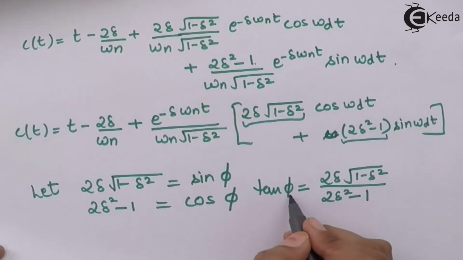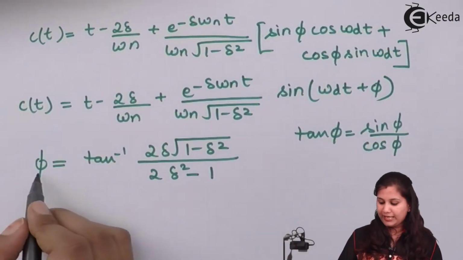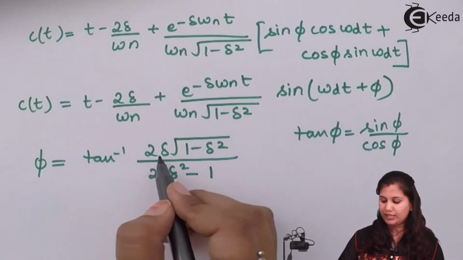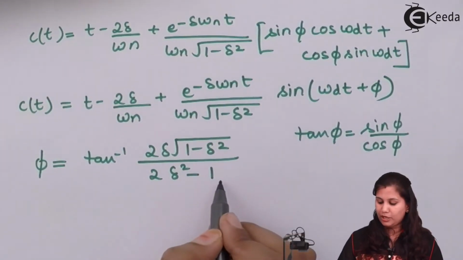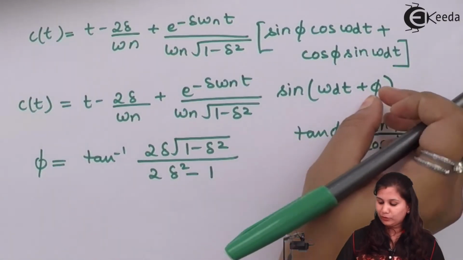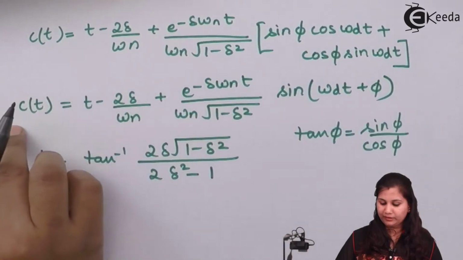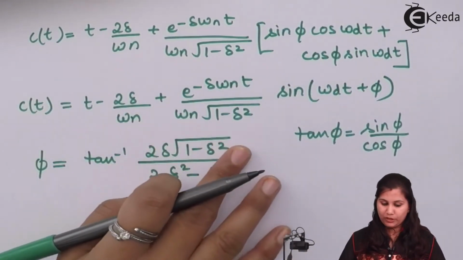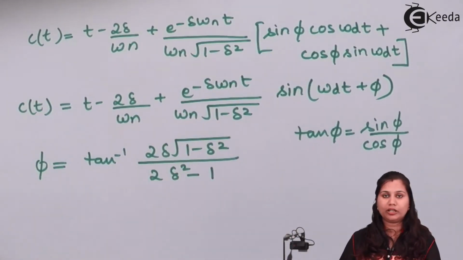So phi will be equal to tan inverse of this term, and we have written it here. So we can directly calculate this phi value and put it here, and we can obtain the output response. So this is the output response of a second order control system when the input is a unit ramp function.